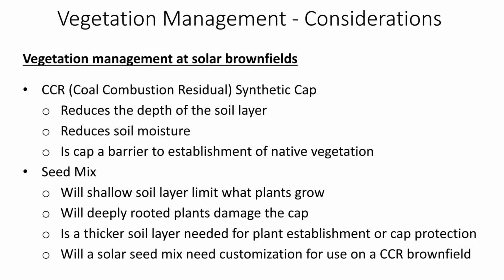So if you have a brownfield that has a synthetic cap, this may reduce the depth of the soil you have to work with, which will again affect the soil moisture. So that cap may actually be a barrier to the establishment of your vegetation. And that will again affect your seed mix, thinking about what plants are going to do better in a shallow soil layer. And do you actually need to increase the soil at the site to improve plant establishment?